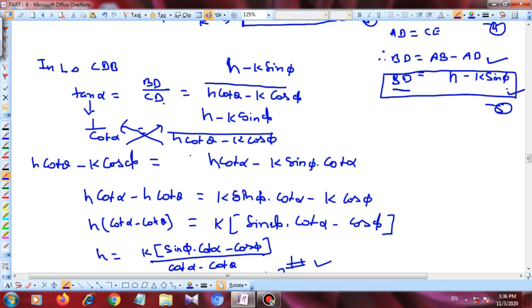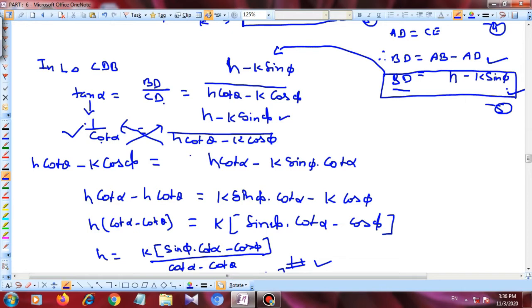Put the value of BD, then you will get tan alpha equal to H minus K sin phi upon H cot theta minus K cos phi. Tan alpha is written as 1 upon cot alpha, right?